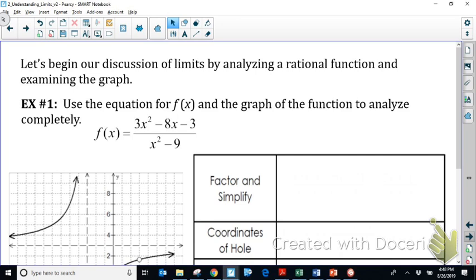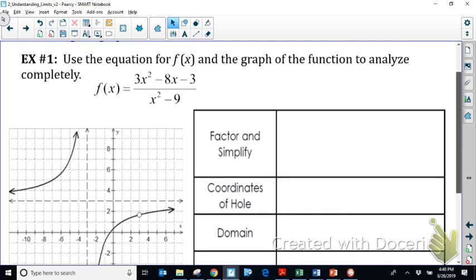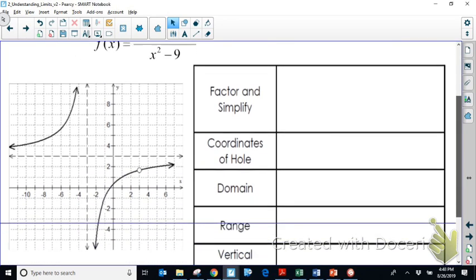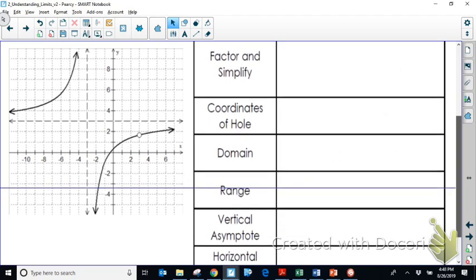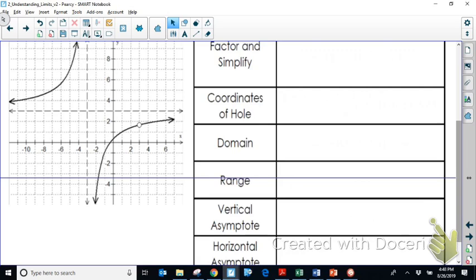Function f has a second degree polynomial in the numerator and the denominator. I'd like you to go ahead and, in your notes, try doing these things. Can you factor and simplify the function? Identify where the holes are, if there are any, what the domain and range are, and where the asymptotes are. So go ahead and pause the video and attempt to do that now. And when you're ready, hit play and check your work with mine.